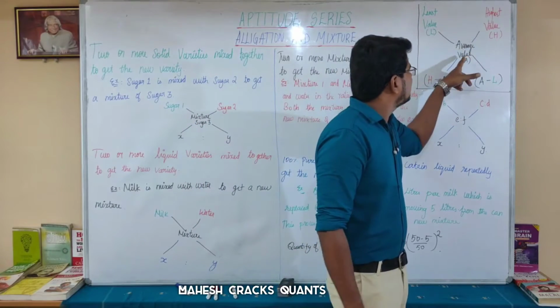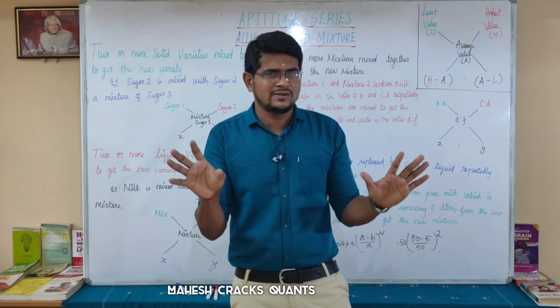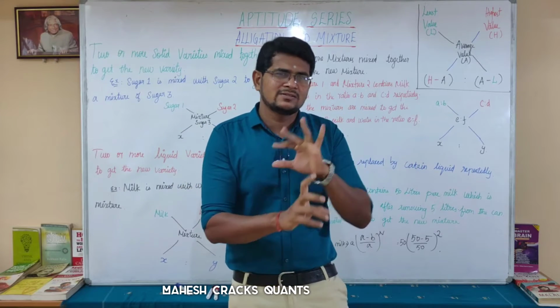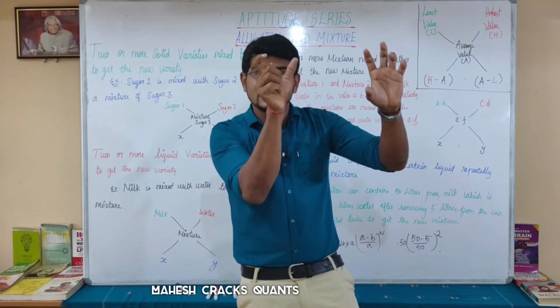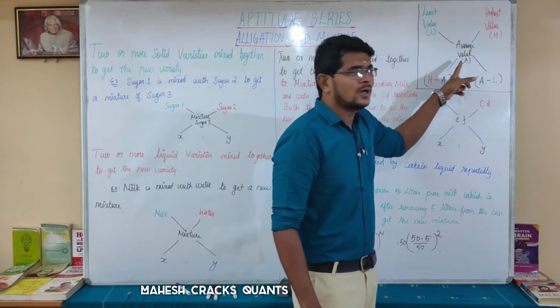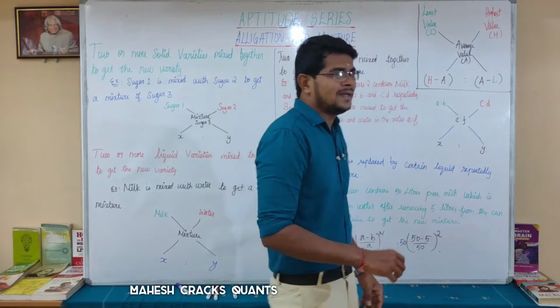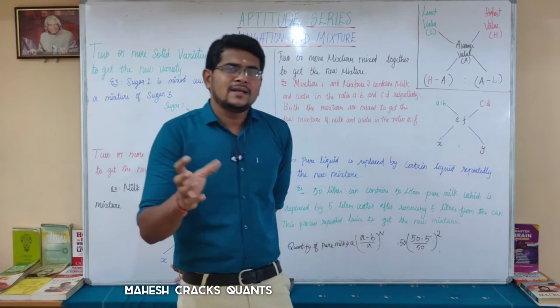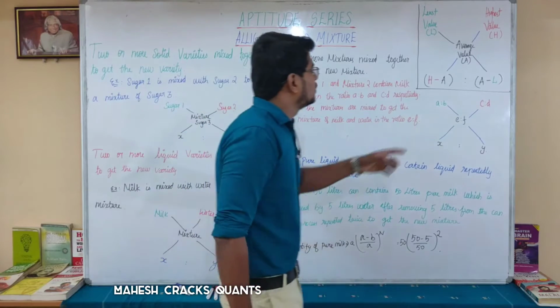Come here. Least value, highest value, average value. In a question, you will have three values. You have to take the least value on the left side, the highest value on the right side, and the average in the middle, down. Exactly like this. When you place them, you can find the mixing ratio.